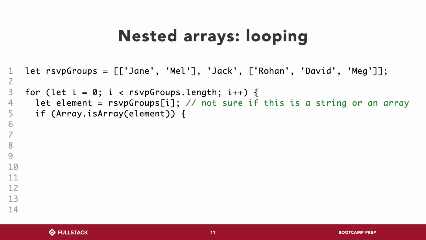If Array.isArray, pass in the element, right? We're saying let element equal rsvpGroups at i. That means that element will be the current element we're at, in the outer for loop. Then we can check if that element is an array. And if it is, we write another for loop. For let j equal 0.